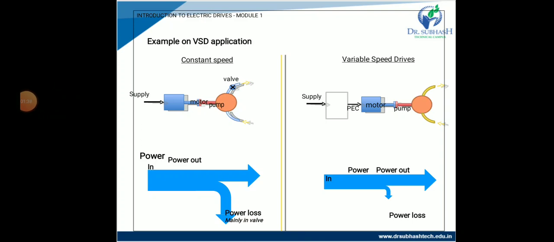So whatever power we give in, compared to the power output, there is a huge amount of power loss, mainly in the valve. But in a variable speed drive, the supply is given to the power electronic circuit, then to the motor and to the pump. So whatever power is given, maximum power output can be achieved and power loss will be very low as compared to constant speed.